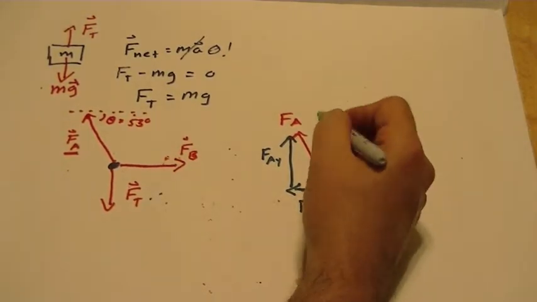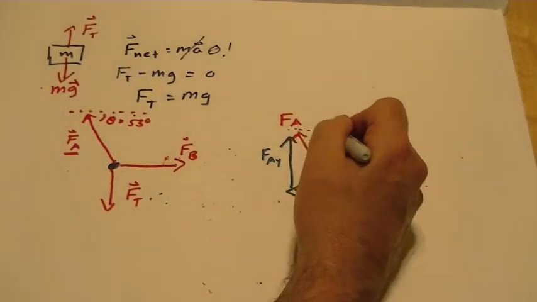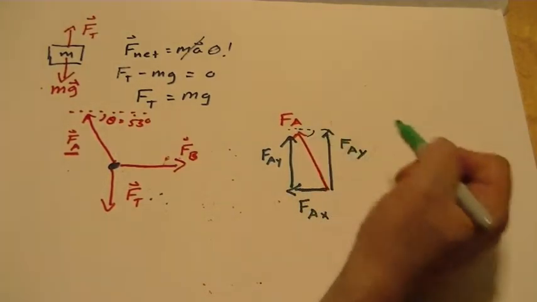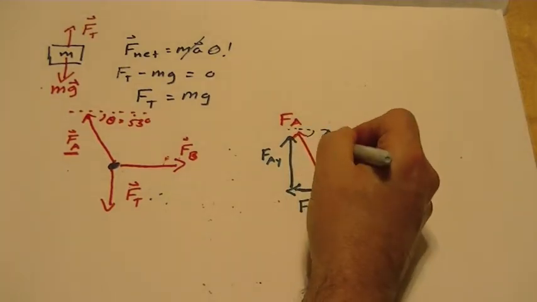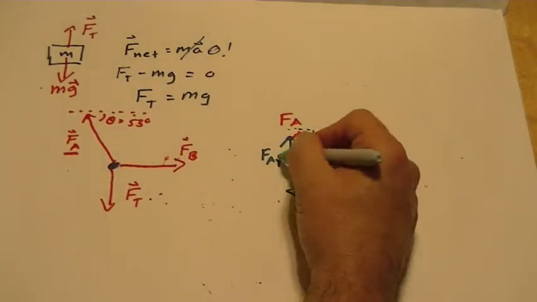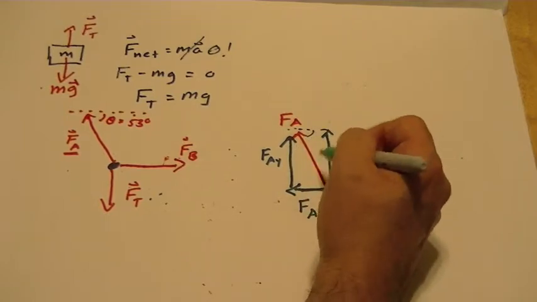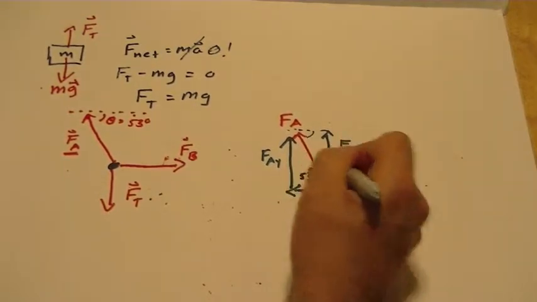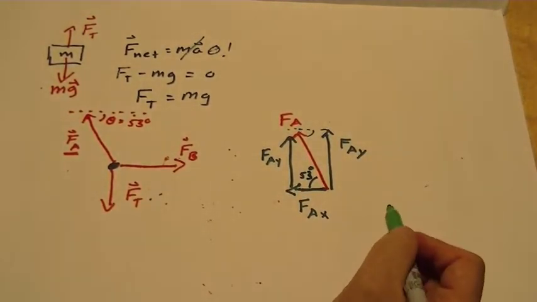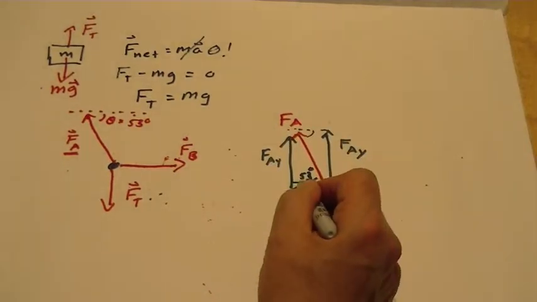Now, they told me that this angle with the horizontal was 53 degrees. Well, if that angle is 53 degrees, then because these are parallel lines, this angle here must also be 53 degrees. Now, I have a right triangle.